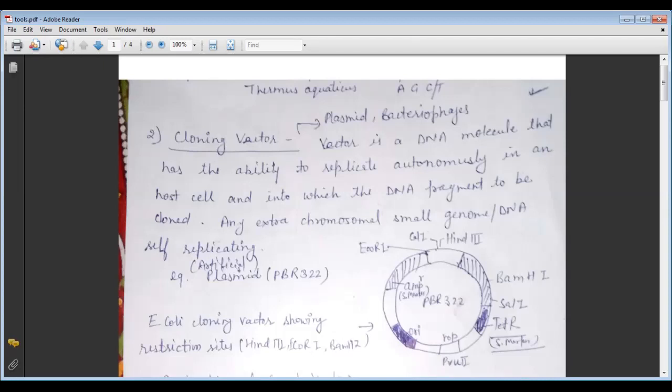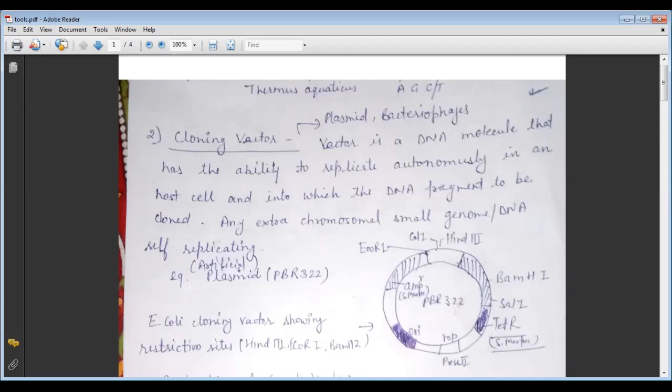And here we see that there is an artificial plasmid present. In this artificial plasmid, we know there are two antibiotic genes present. The first is ampicillin, and the other antibiotic is called tetracycline.